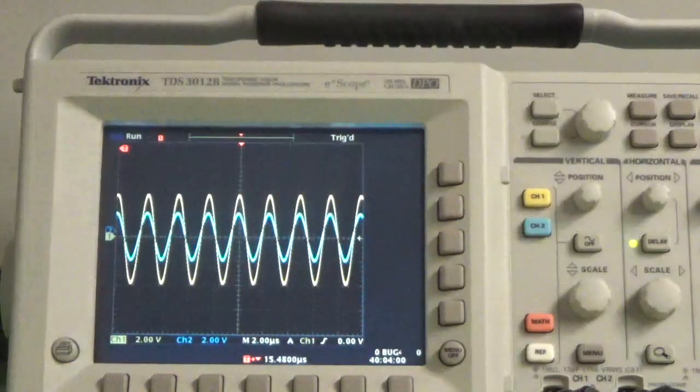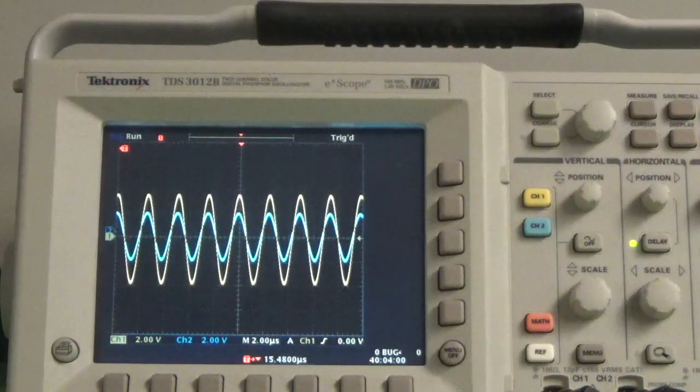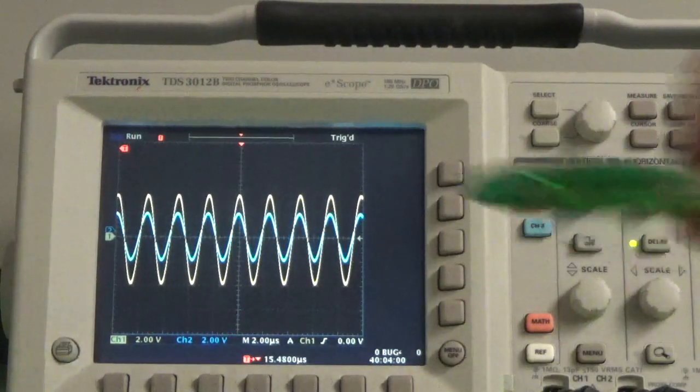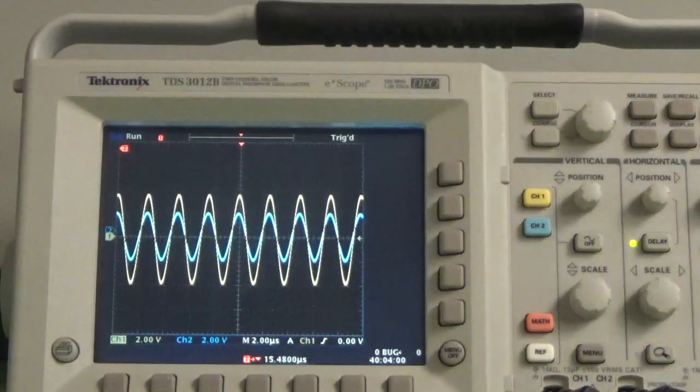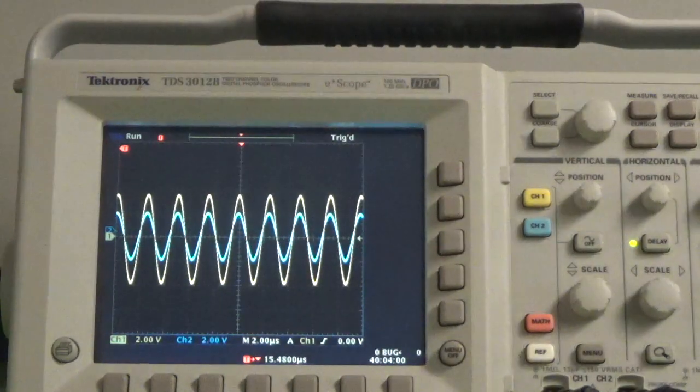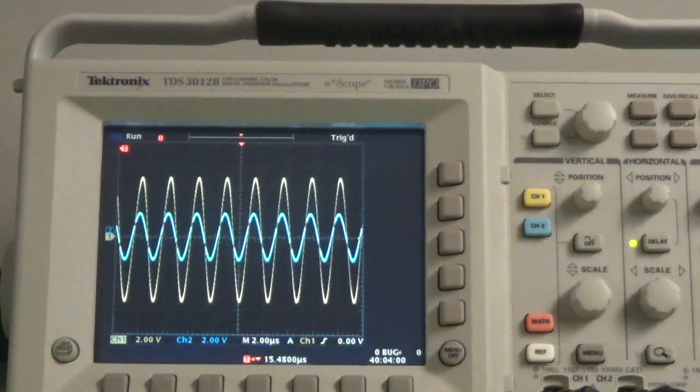So 3.8 times 2 will give me 7.6 volt. So 3 times 2 is 6, and 8 times 2 is 16, so we have 7.6 volt, and that was with 400 kilohertz. I will continue now to 500 and see what will happen.